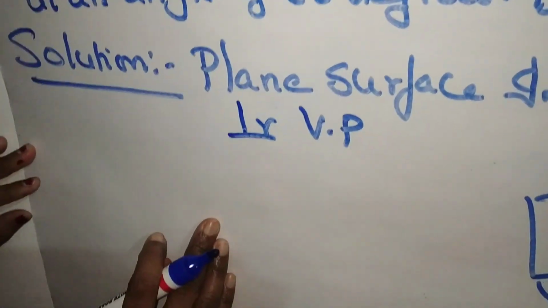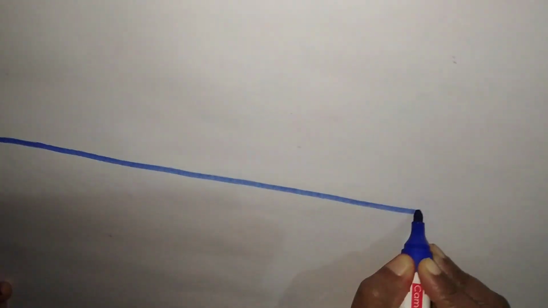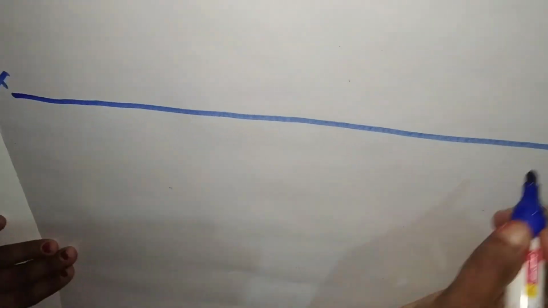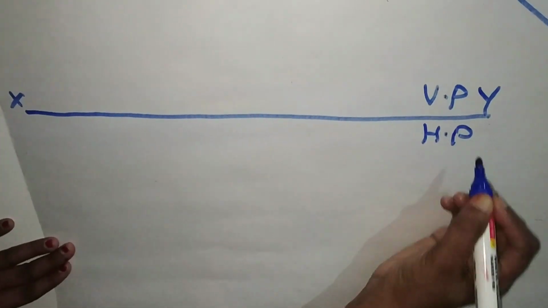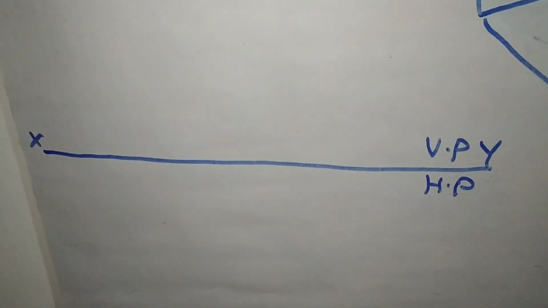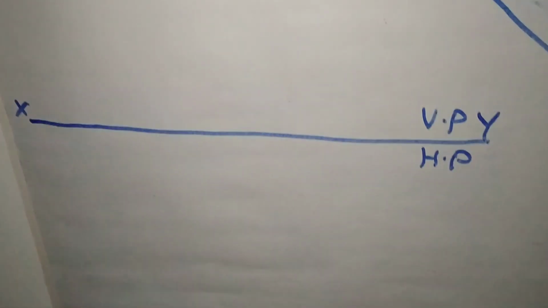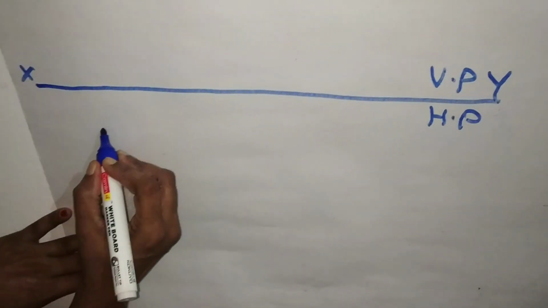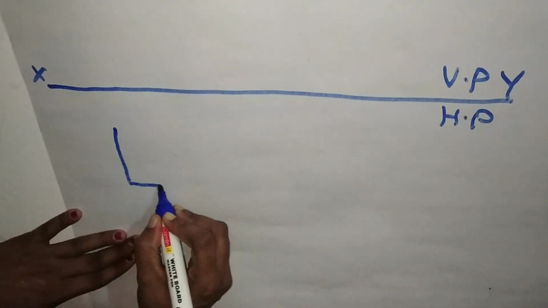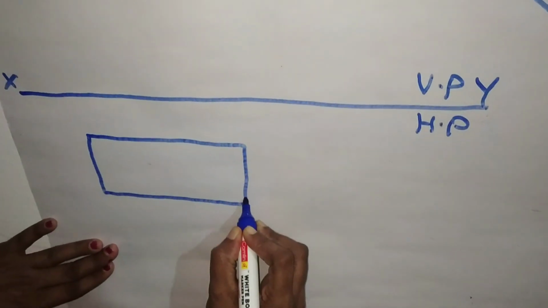Here I need to draw a rectangular plate. I'll draw the XY line. This is my VP plane and this is my HP plane. The rectangular plane of 60 by 40 has its shortest side on HP. As per the given question, this is the 60 mm rectangular plate.